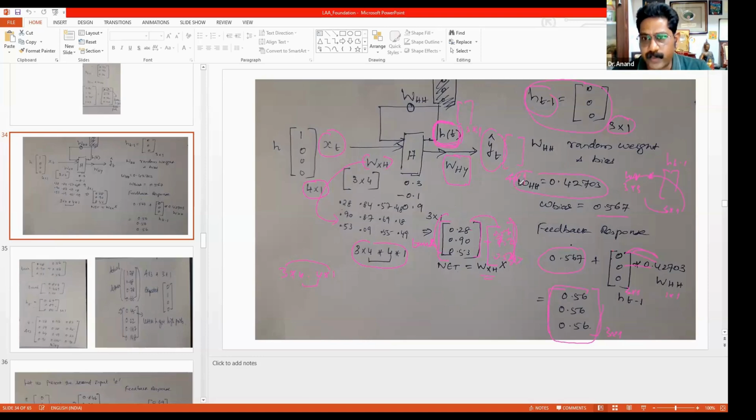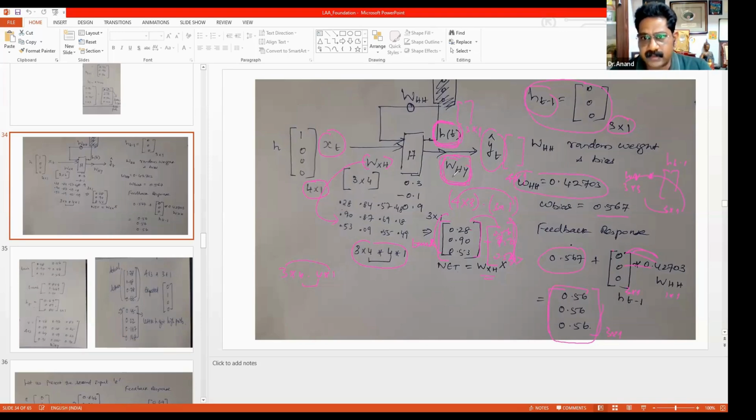So to yield a 4x1 output, what is the size of this weight matrix? 4x3, isn't it? A 4x3 matrix operation with a 3x1 is going to yield a 4x1. So this weight matrix I have to initialize as 4x3.